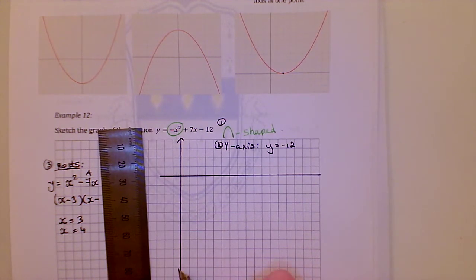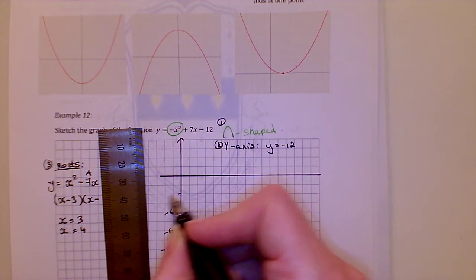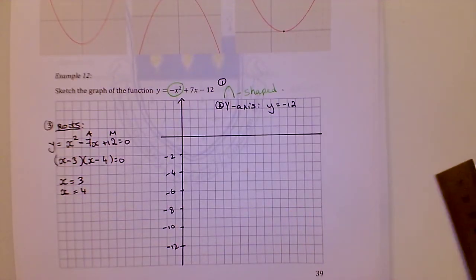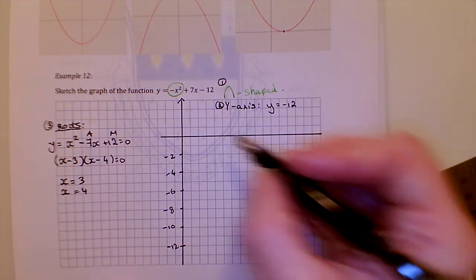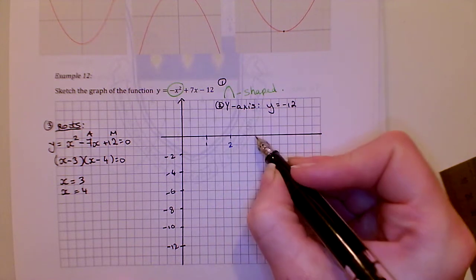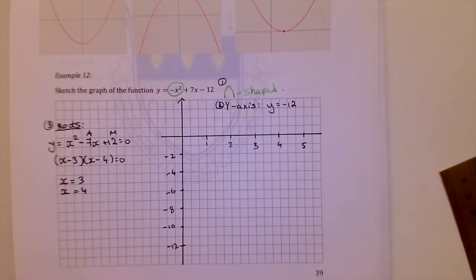So minus 12, minus 10, minus 8, minus 6, minus 4, minus 2. There's my graph there. Let me give a bit more space on the x-axis. 1, 2, 3, 4, 5.